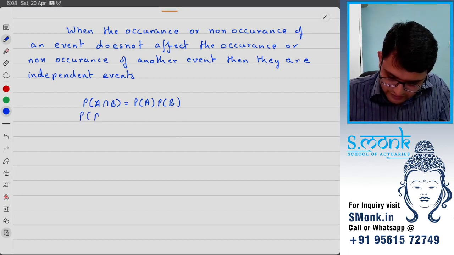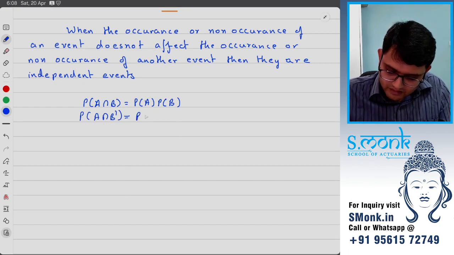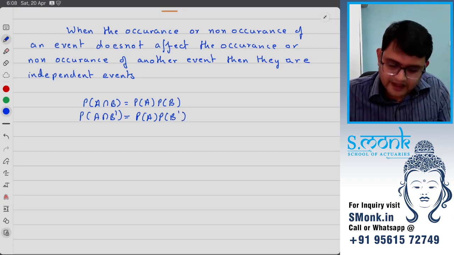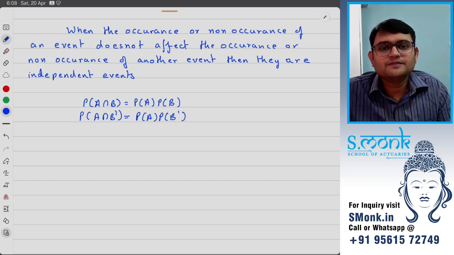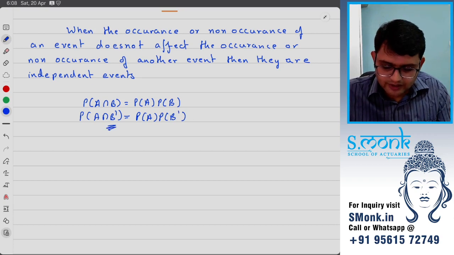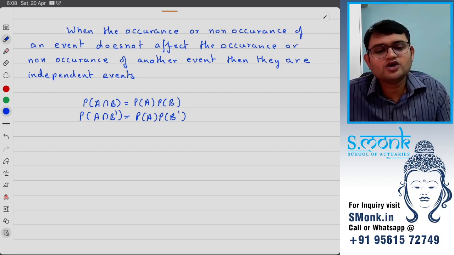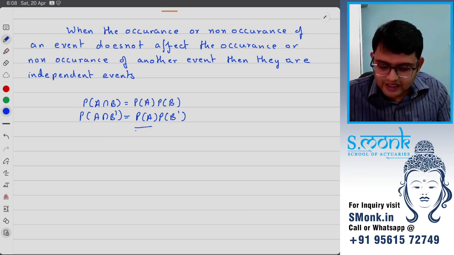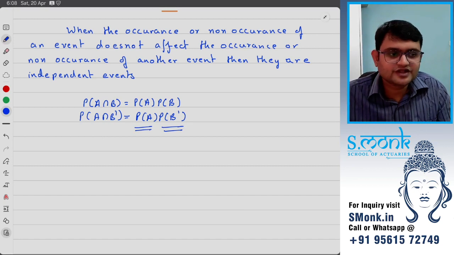I can also say A occurring but B not occurring. B complement means B not occurring. So A occurring and B not occurring are also independent of each other, because whether A occurs or not is not affecting whether B will occur or not.